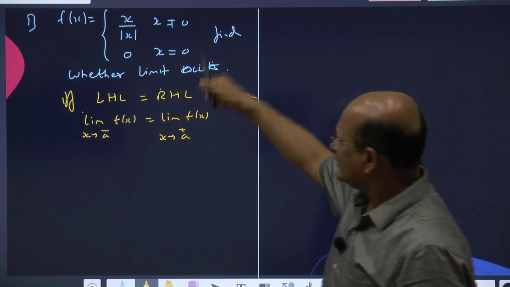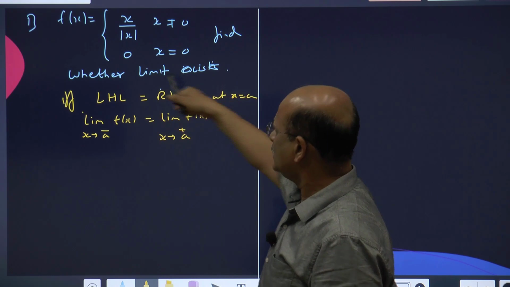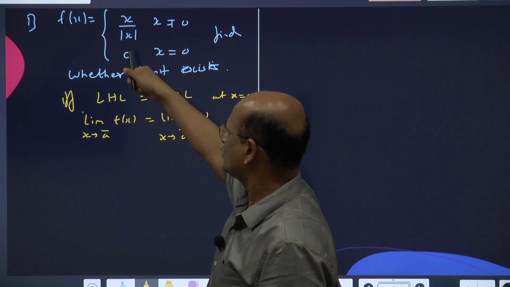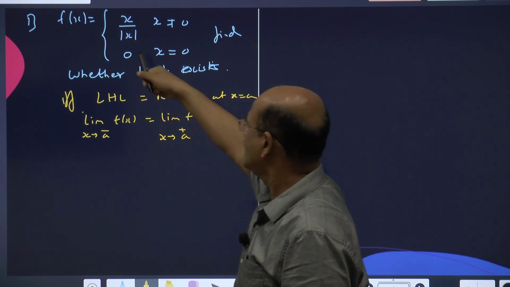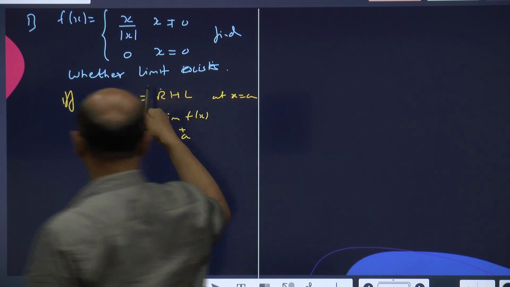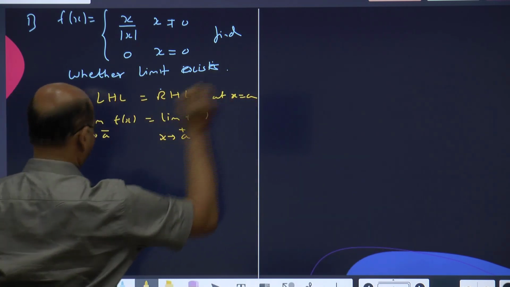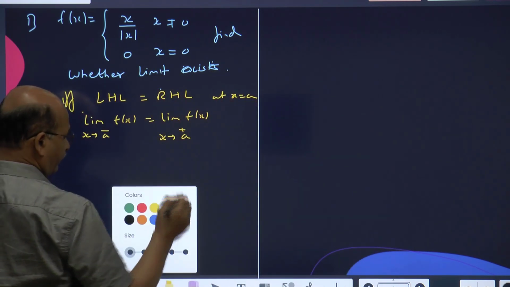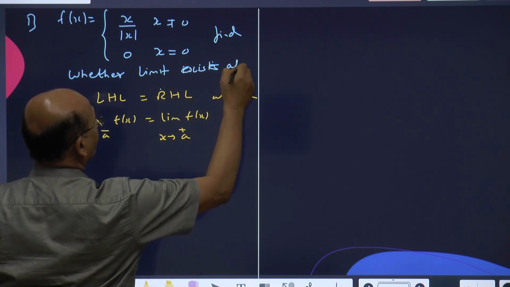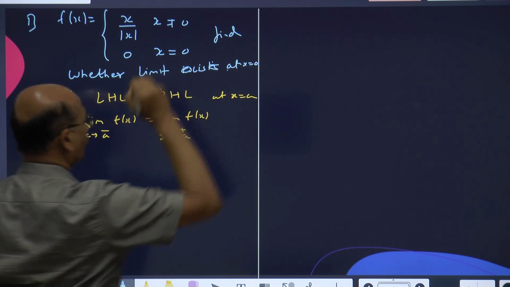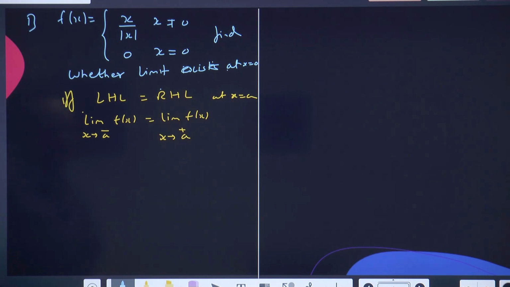Now they are asking us, find whether the limit of this function, this is a single function actually, but this is given in pieces, exists at x equals 0. That's exactly what we are looking at. Now let me talk about the existence of limit.